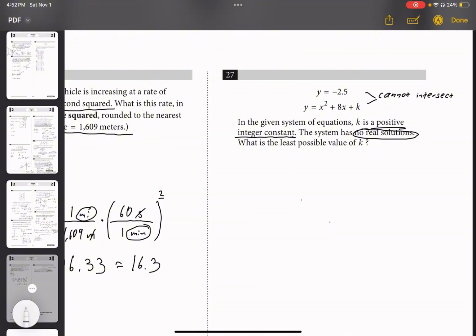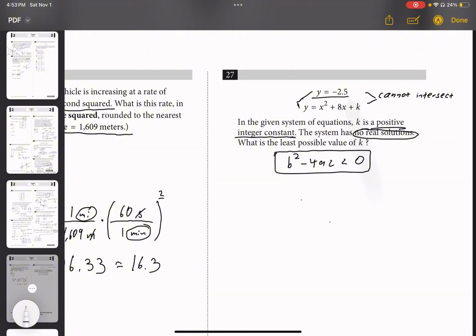So this is a discriminant question. I talked about the discriminant in earlier videos. So for this, if there's no real solution, b squared minus 4ac is less than 0. However, we need to set up and combine our equation before we plug it into this discriminant formula.